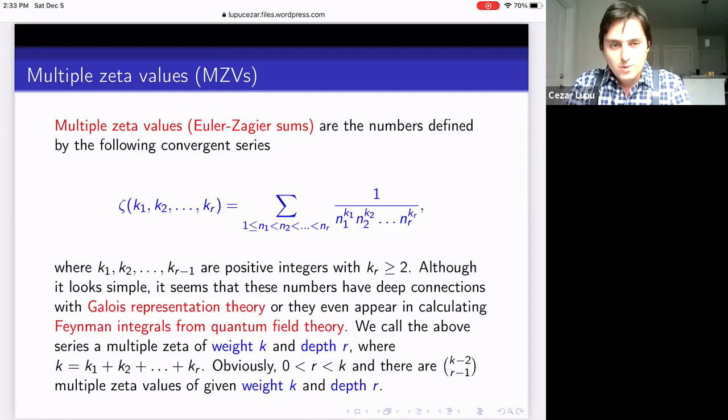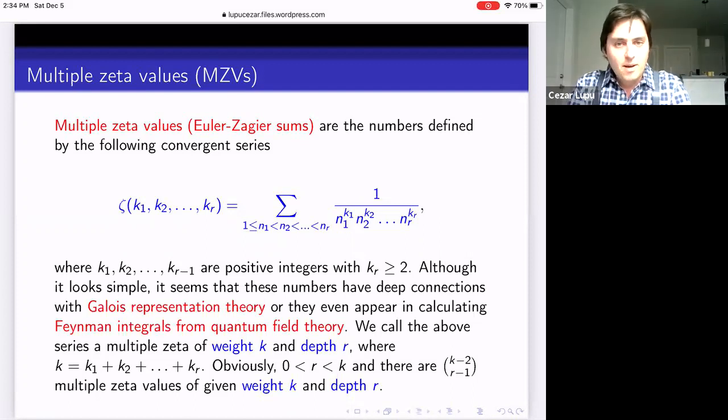Although they seem very simple when you look at them, in fact they are much more complicated than they seem. They have connections basically everywhere in Galois representation theory, and they even appear in Feynman integrals from quantum field theory.